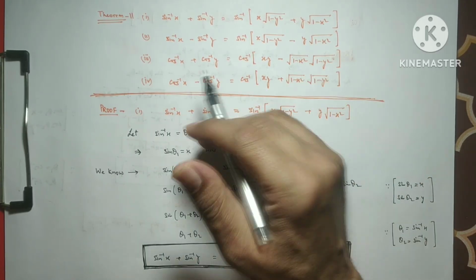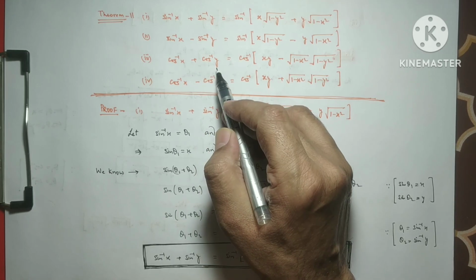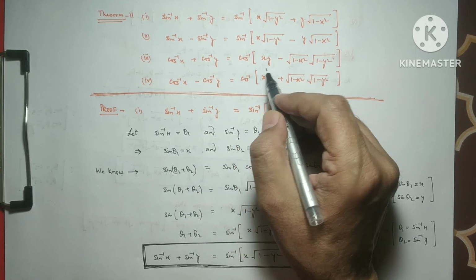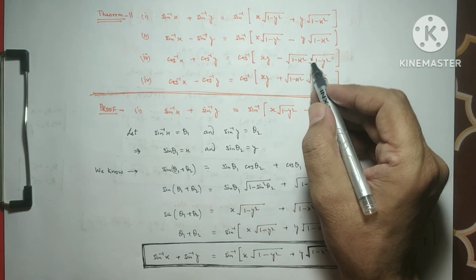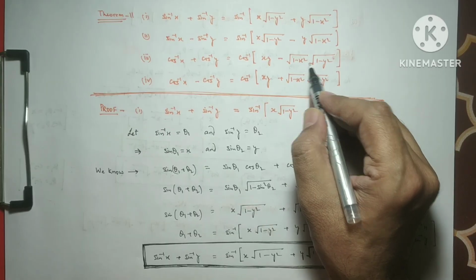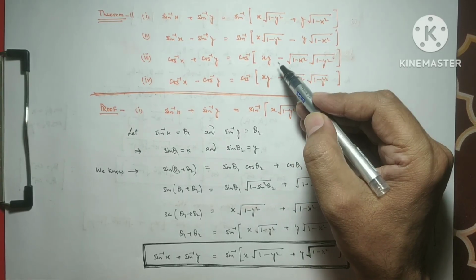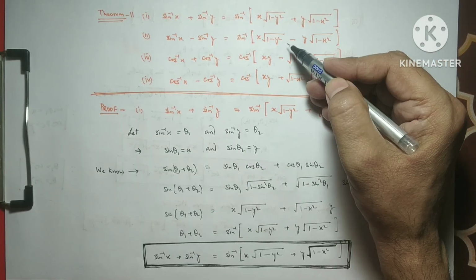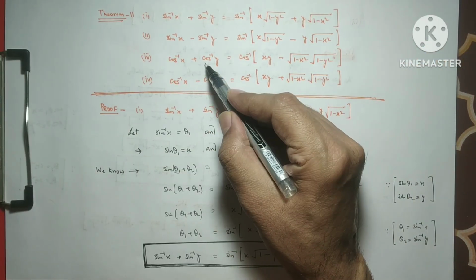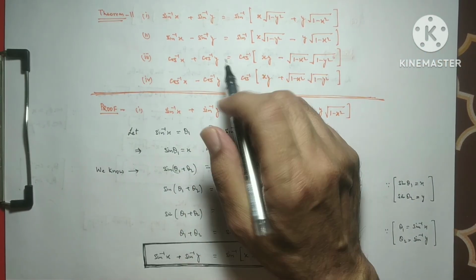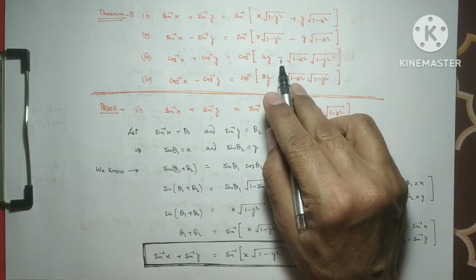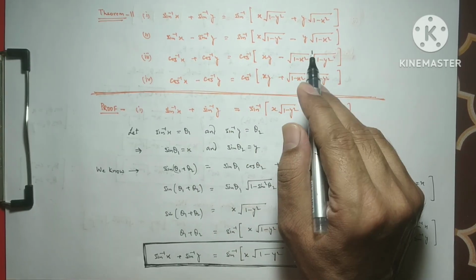And in the same way, cos inverse x plus cos inverse y equals cos inverse of xy minus under root 1 minus x square into under root 1 minus y square. In the same manner as we discussed above, there is a little bit of difference: if it is positive then there will be a negative sign, the opposite sign.